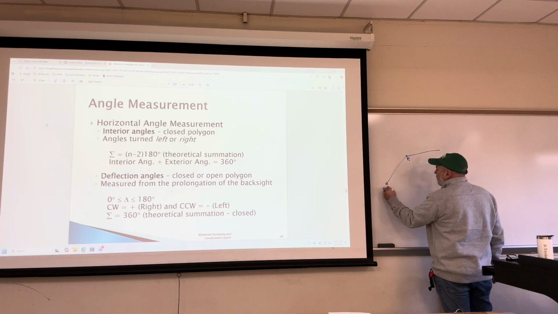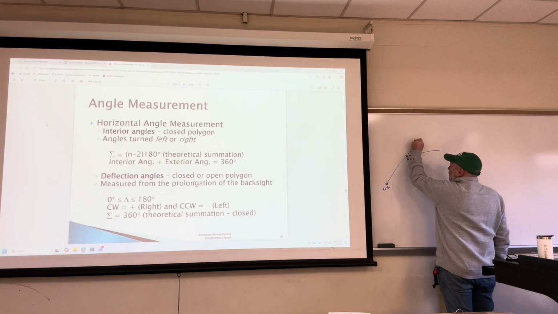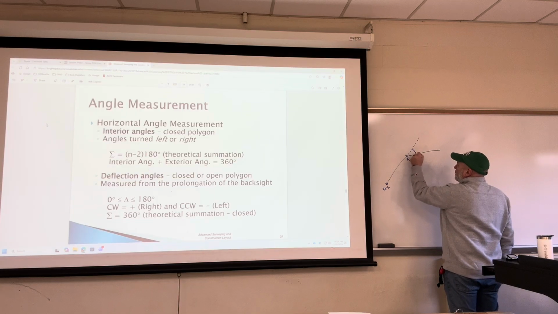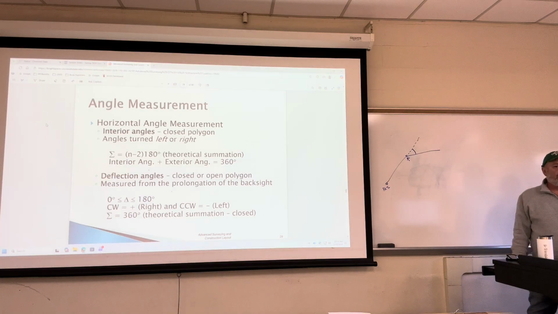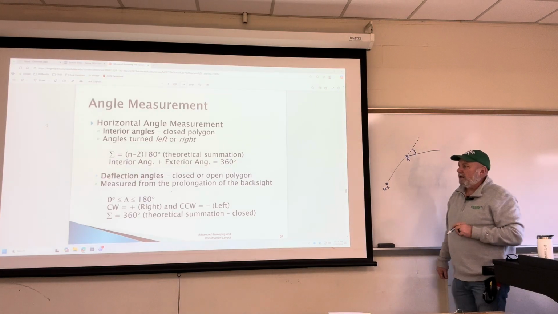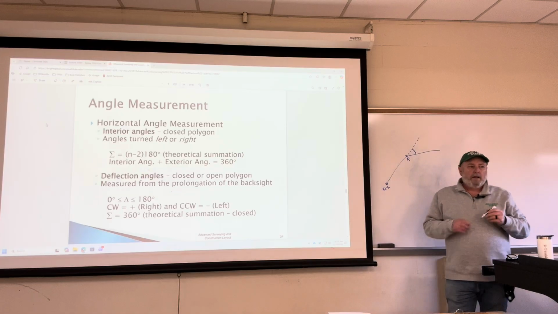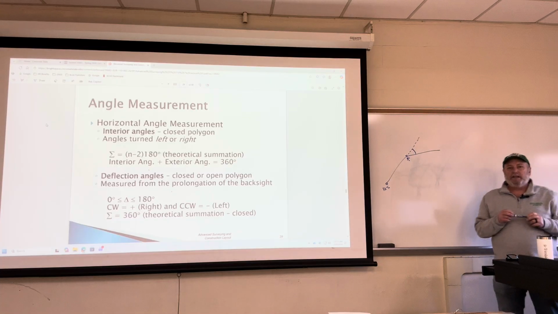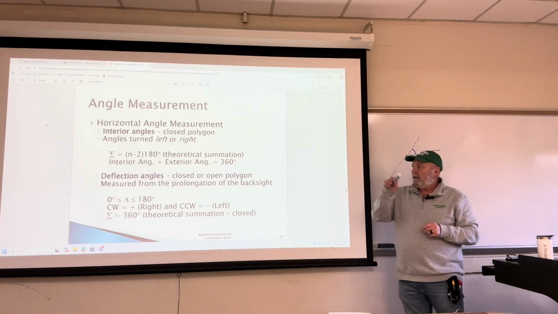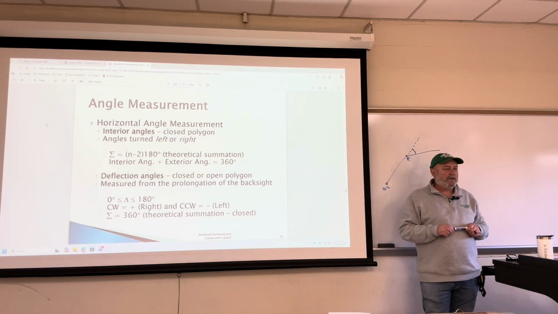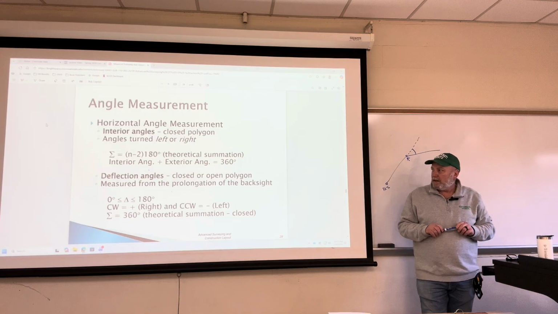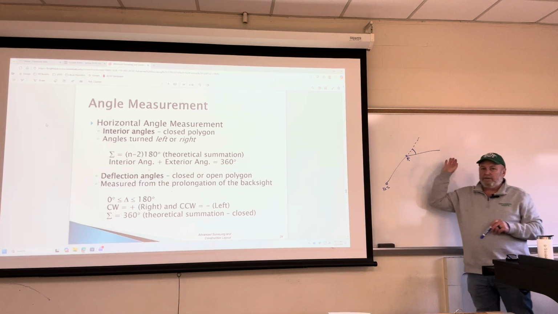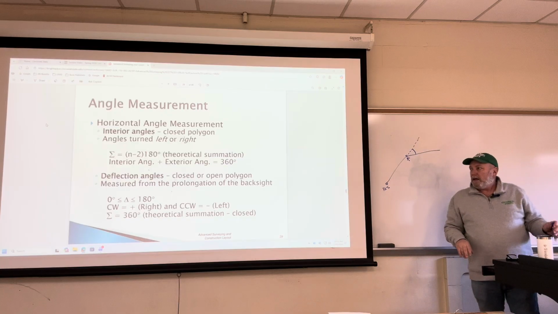You're taking your backside over here. You prolongate, you extend your backside, and your deflection angle is actually going to be like so. Deflection angles can be to the left or to the right. I think I've seen once or twice some deeds that actually gave the directions around the parcel as deflection angles. It's kind of weird. You don't run into that very often. But we will come across this and calculate deflection angles later on in the lab.